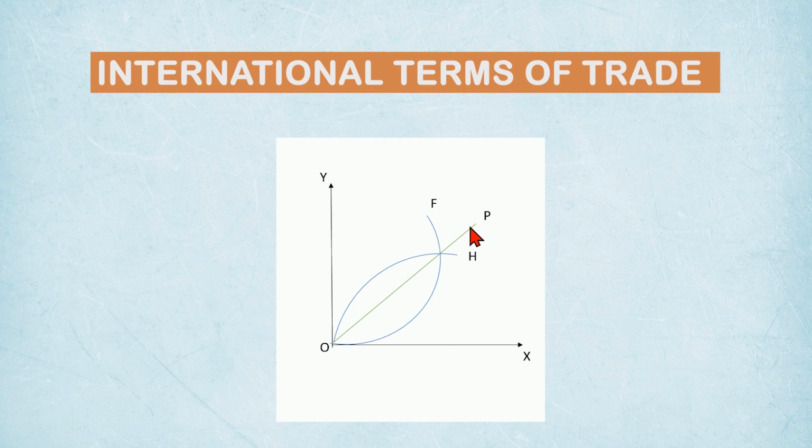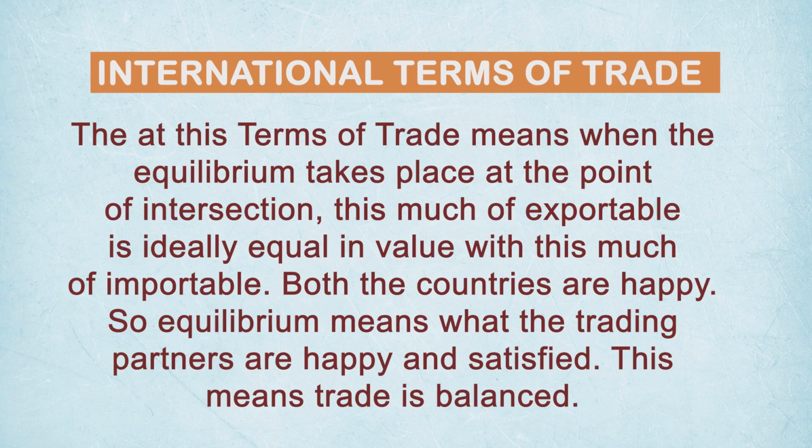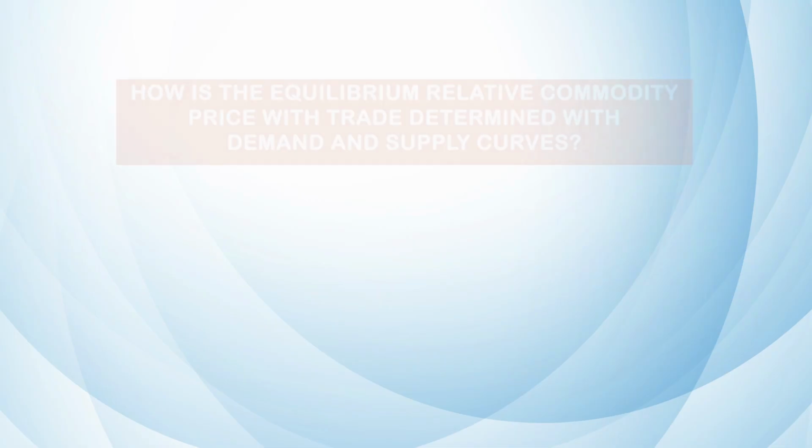That is the equilibrium terms of trade for the trading nations. At this terms of trade, when the equilibrium takes place at the point of intersection, this much exportable is equal in value with this much importable, and both the countries are happy. So equilibrium means both the trading partners are satisfied, means trade is balanced.